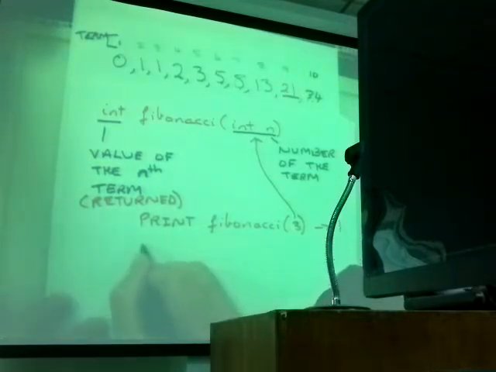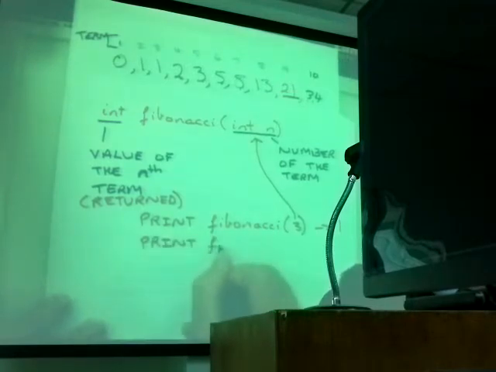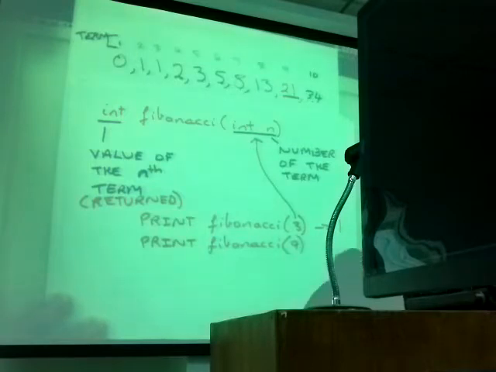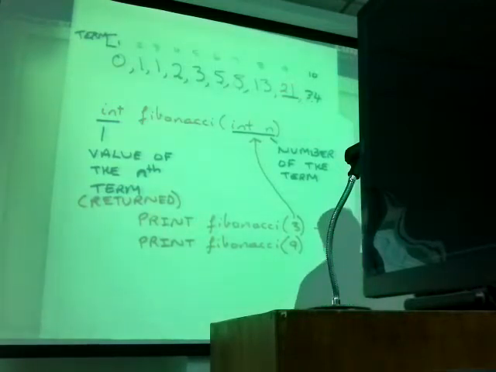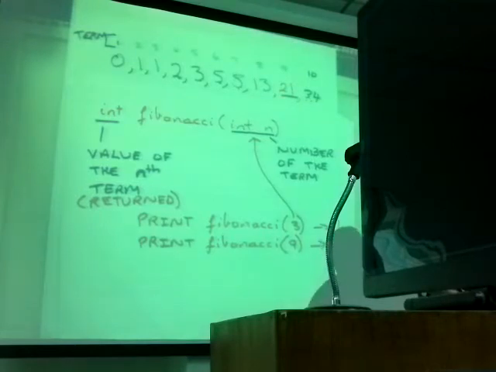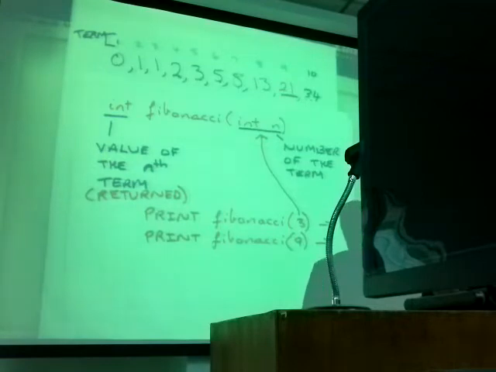What about if I were to say print Fibonacci 9? What value would be printed in that case? Anyone? 21.